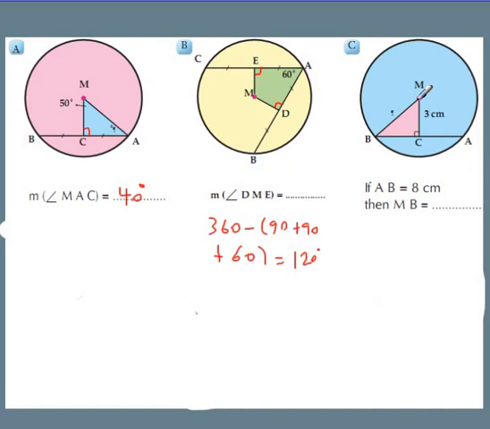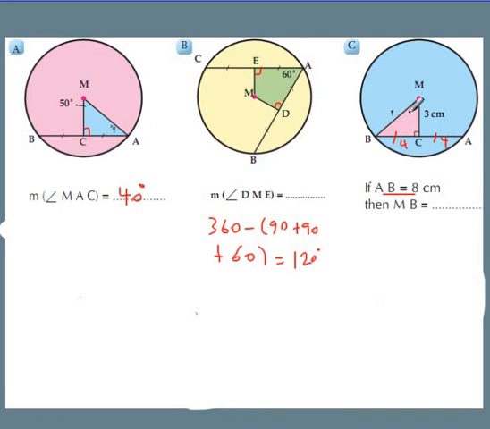Figure C, circle M, AB is chord, segment MC perpendicular to segment AB, then C is midpoint of segment AB. AB equals 8, then BC equals 4 centimeters, and AC equals 4 centimeters.